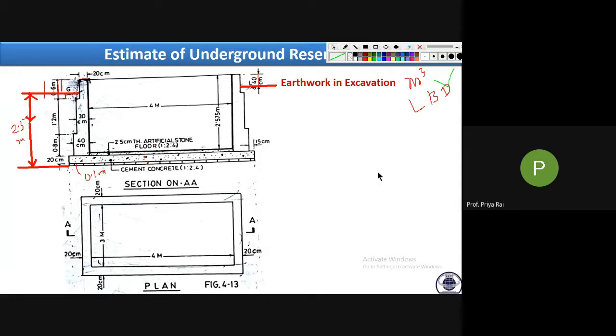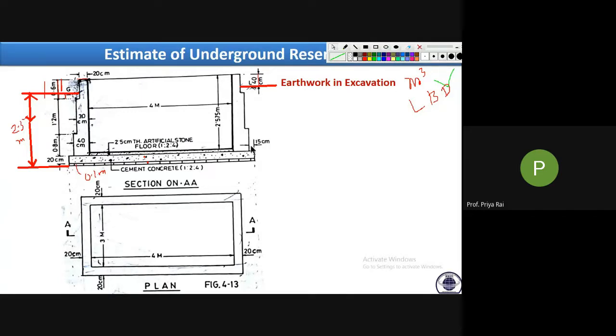So see here, below the ground level, how many structures are there? Below the ground level, this 20 centimeter structure is also there. Below the ground level, this 30 centimeter structure is also there. And below the ground level, the 40 centimeter wall is also there. And again below that, see this, how much is this offset?